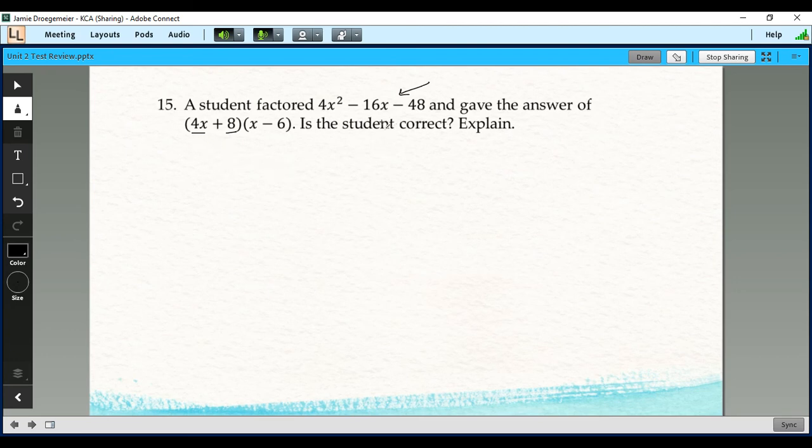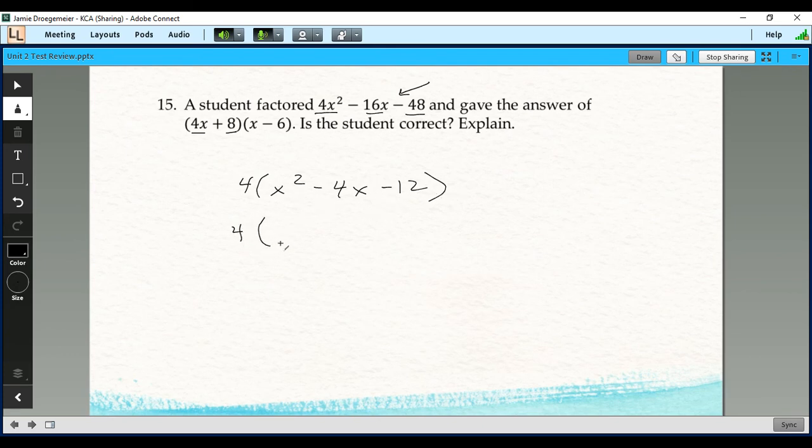So the mistake that they made here is that, if you remember, our first step should always be to see if we have a greatest common factor. And if you look at our expression here, we have a greatest common factor of 4 that we could factor out of all of those terms. And that would leave us with x squared minus 4x minus 12. And now we can factor from here.